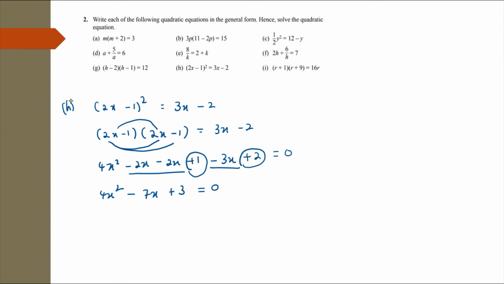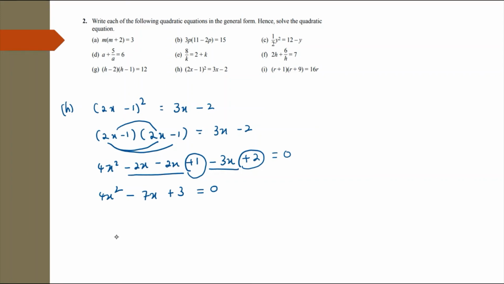Okay, by using your calculator, we will get x is equal to 1, or another one, x is equal to 0.75. So be careful. Final answer only accepts whole numbers or fractions. So 0.75 we must change into a fraction. How to change?